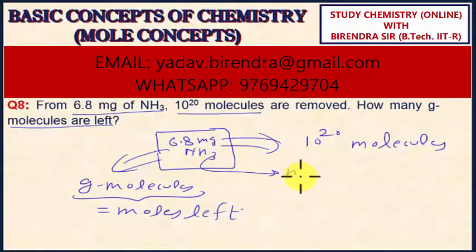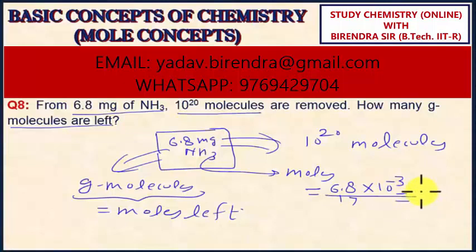So the moles in the container is 6.8, and since the mass is in milligram, I will multiply by 10 raised to minus 3 to get gram, upon 17, that is the molar mass of NH3, and the value comes 4 into 10 raised to minus 4.